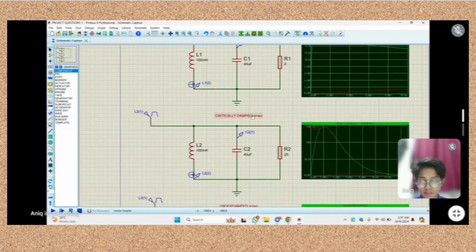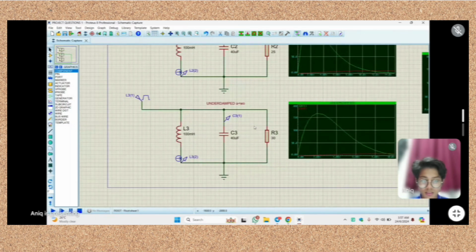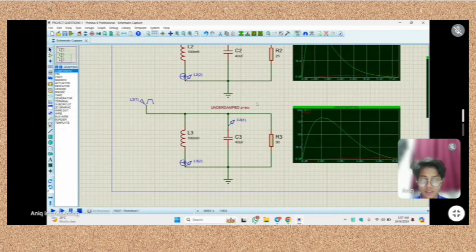Same goes for the critically damped, where the alpha and the omega will have the same value. Same goes for the underdamped, where the alpha will be lesser than omega, but with the help of the resistor value, it will make the circuit go underdamped.